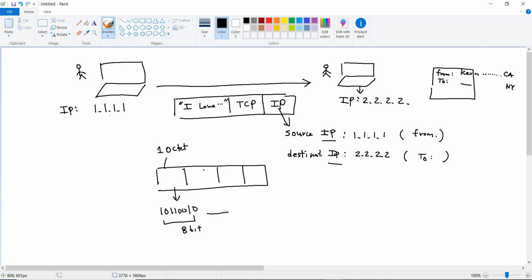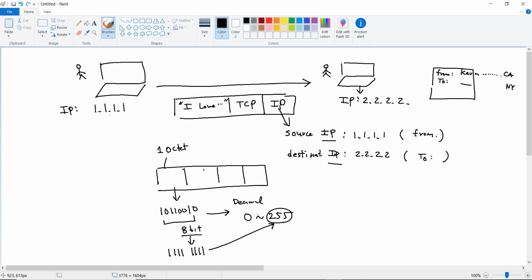Since this is 8 bits, if you convert it into a decimal number, the range of this decimal number is anywhere from 0 to 255. Because it's 8 bits, the maximum is 11111111, and if you convert these 8 bits into a decimal number, it's 255.